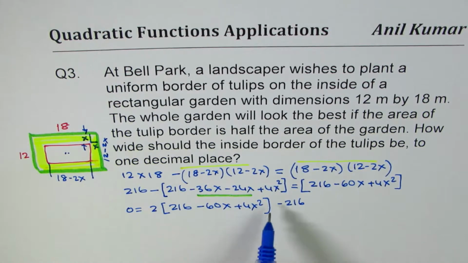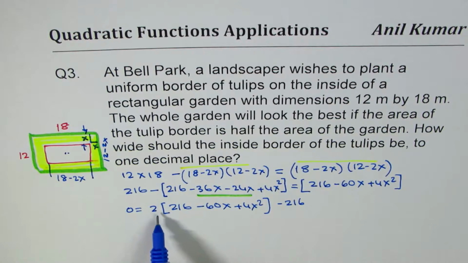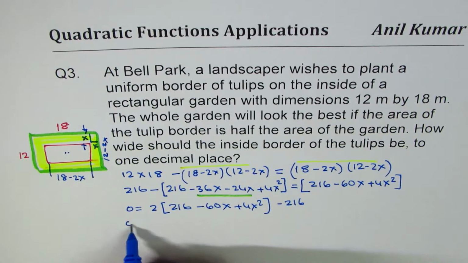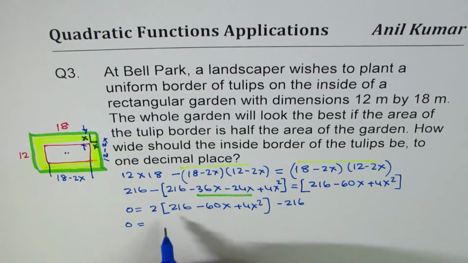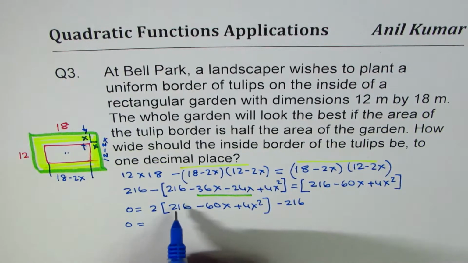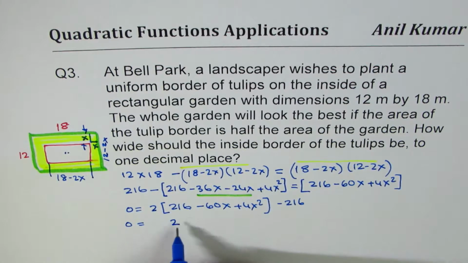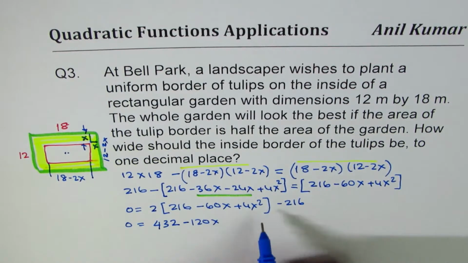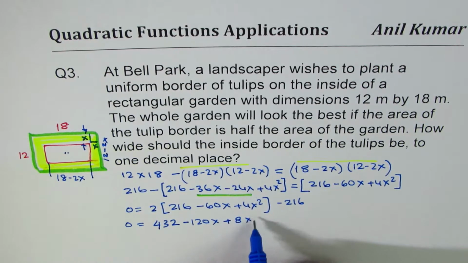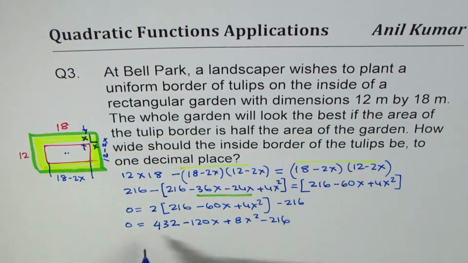Now if I open this up, 2 times 216 and minus 216, one of them gets cancelled, right? So let's multiply. 216 times 2 is 432, minus 120x, plus, or what we could do is we could just divide by 2, but we'll do it later, plus 8x squared minus 216.